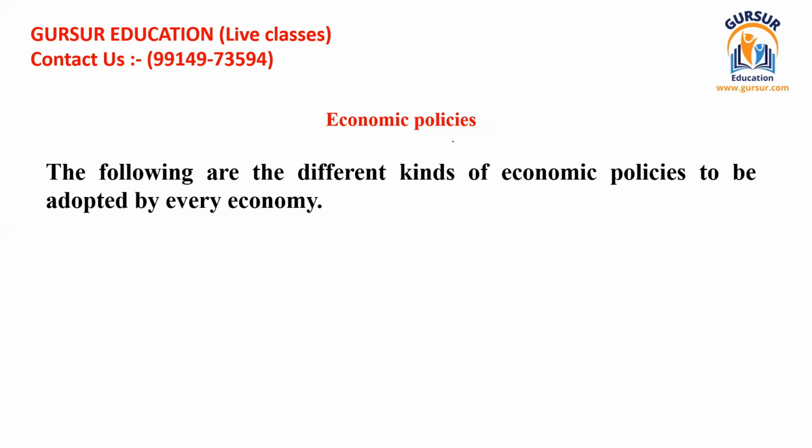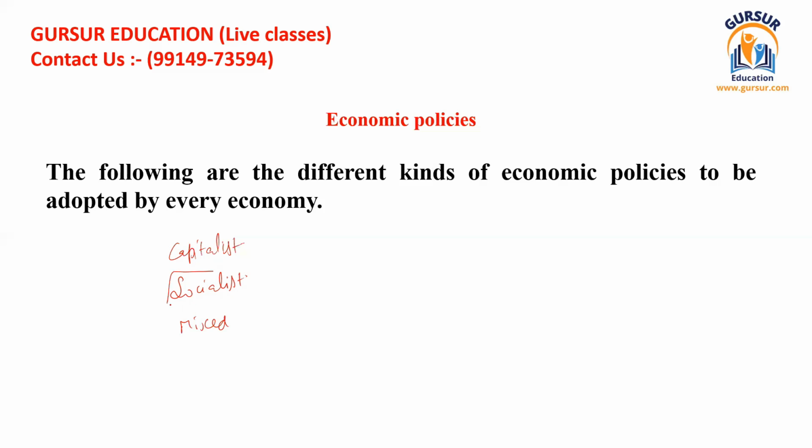Now I'm going to talk about economic policies. These are just a part of the economic environment. As we have already studied regarding the public system, private system, or joint system, which can be categorized as a capitalist system, a socialist system, and finally a mixed economy.